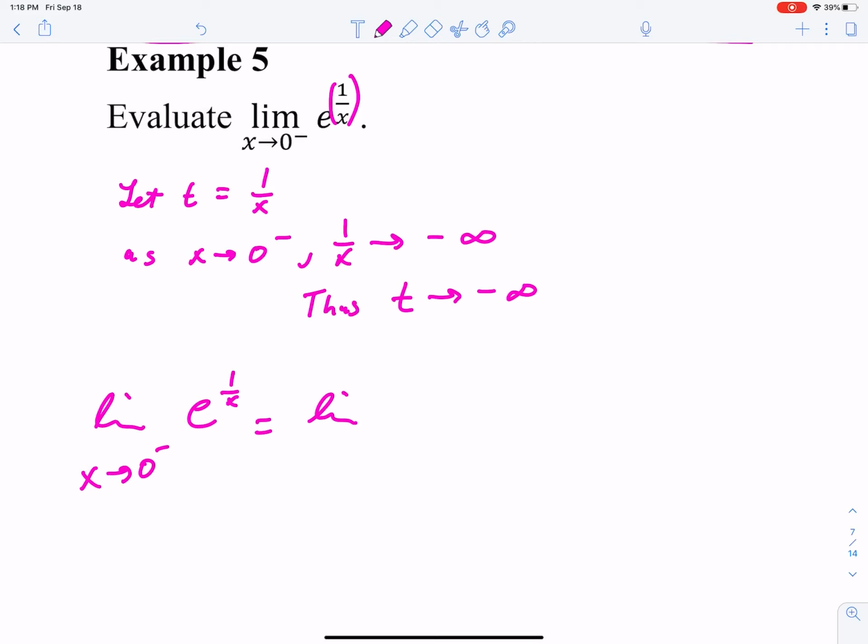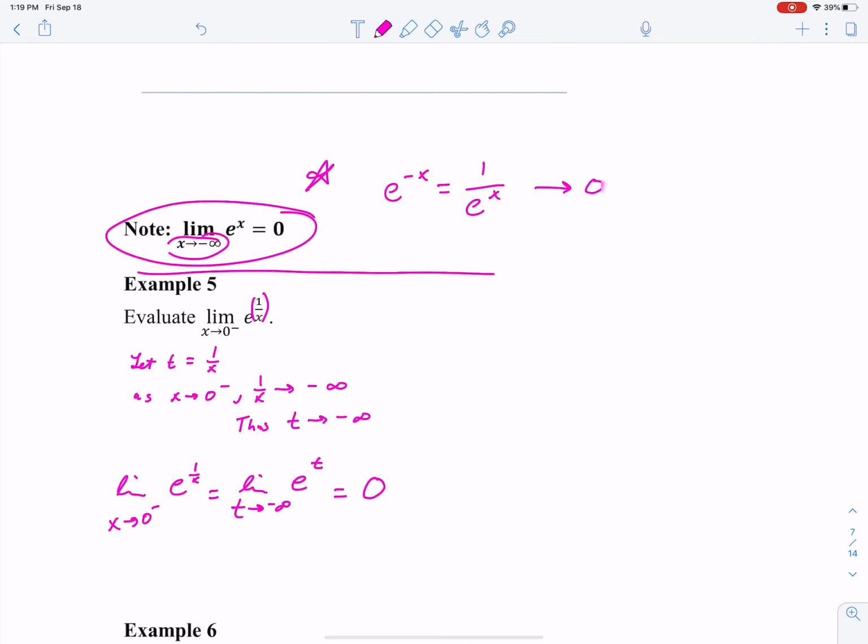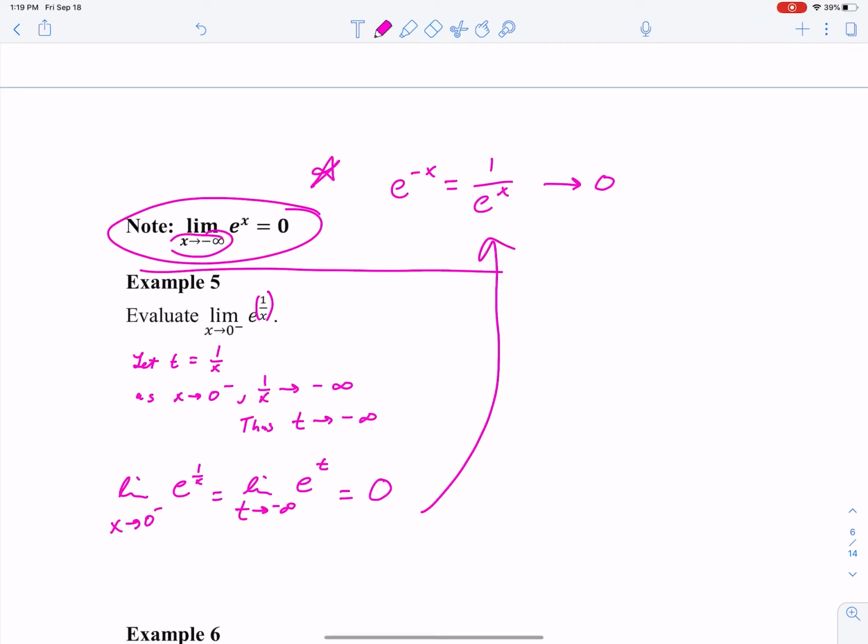We're still in x's here. Then the limit as t approaches negative infinity of e to the t. Now we made our substitution. This is going to be 0 because of that property up there. Because t is going to be a very large negative number. That means it's 1 over e to a very large negative exponent, which means the fraction goes to 0.